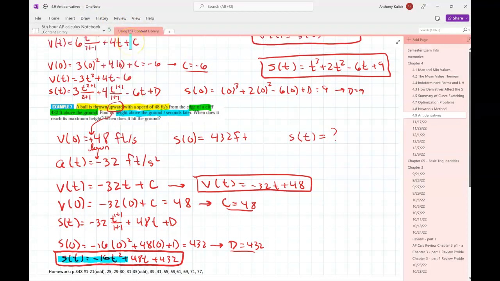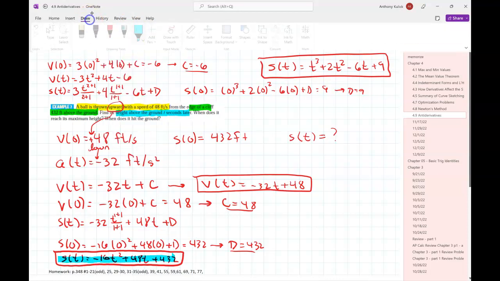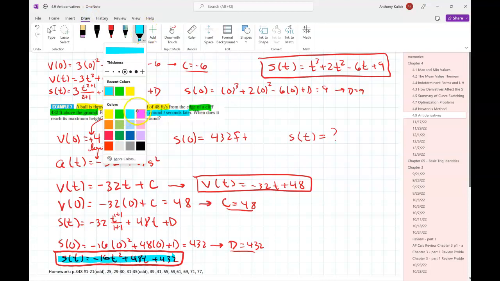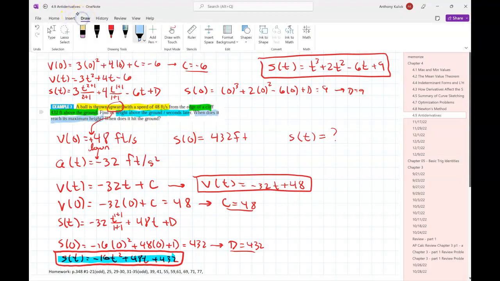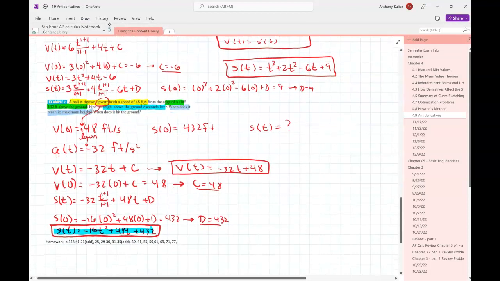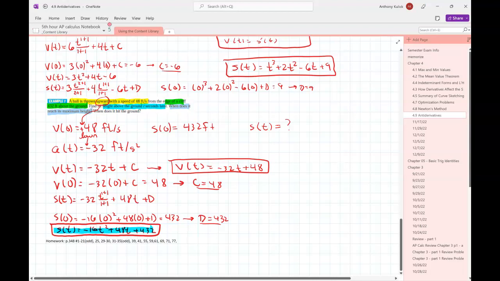I guess let's just do that. It then asks, when does it reach its maximum height? What do I need to do there? I need to set the velocity equal to 0, or find the critical values for velocity anyways.